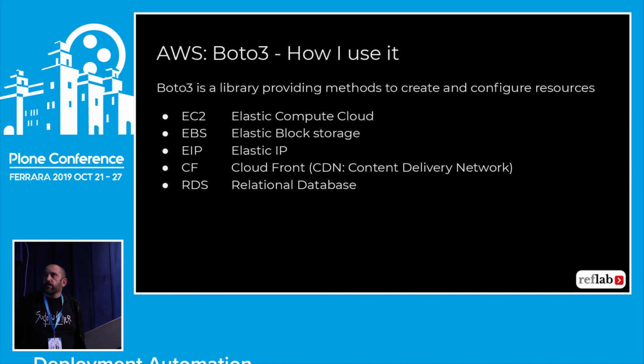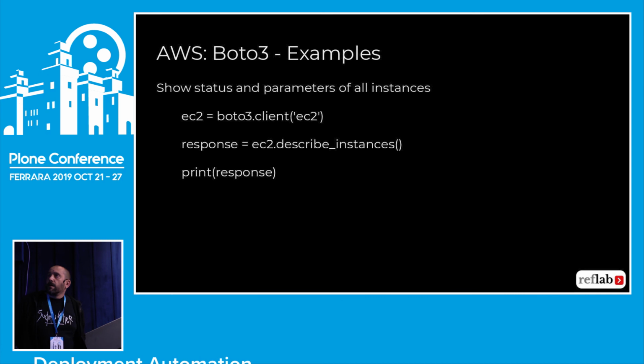In my case, I use the library to access these services. This is a simple example. I create a connection to the EC2 service and launch a command to list the instances I've just created.